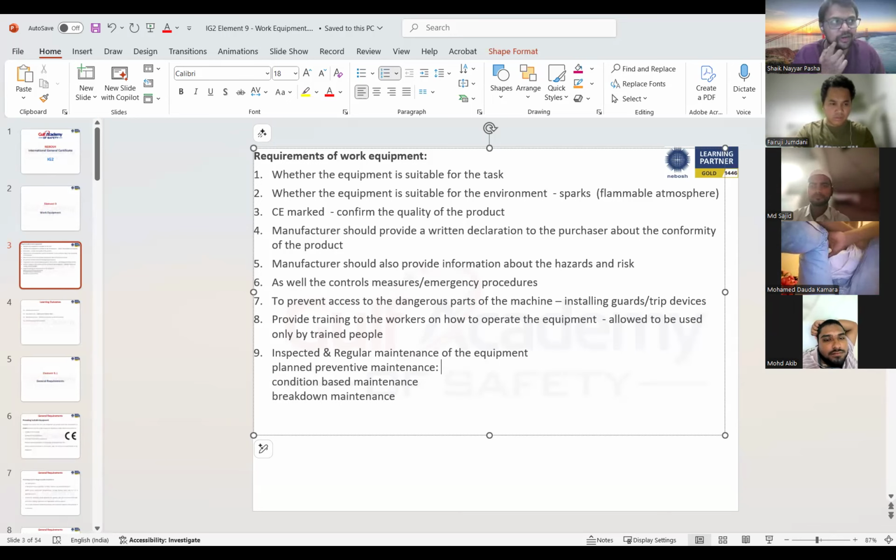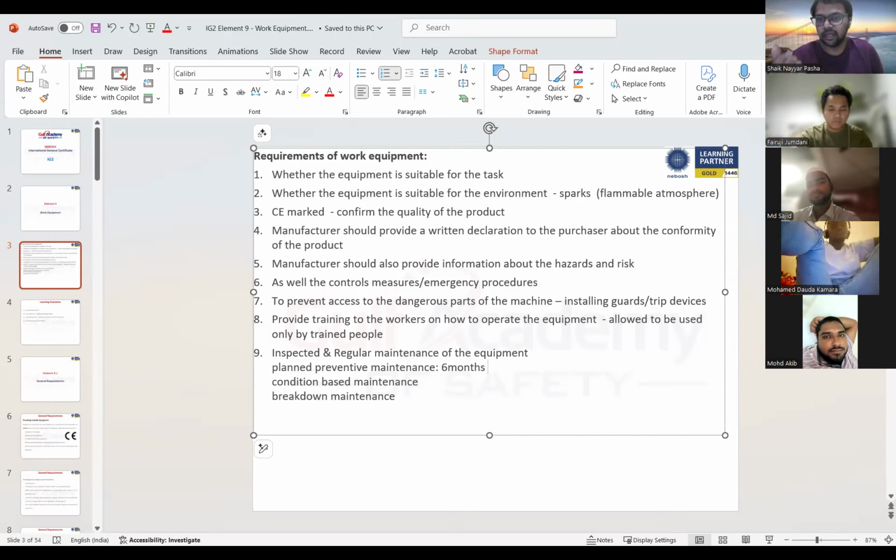Planned preventive maintenance means though the equipment is running in good condition, still we go for maintenance. For example, if you are purchasing an equipment and the manufacturer says once in every 6 months it should be taken for maintenance, though it is in good condition, as the manufacturer is saying, we will go for maintenance.